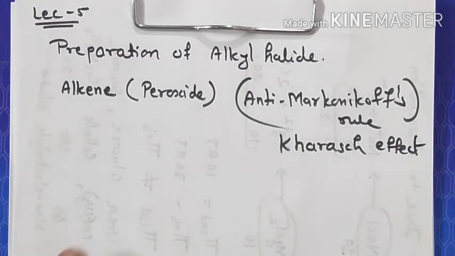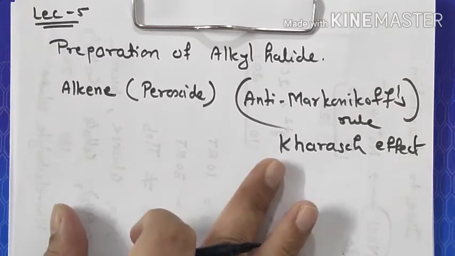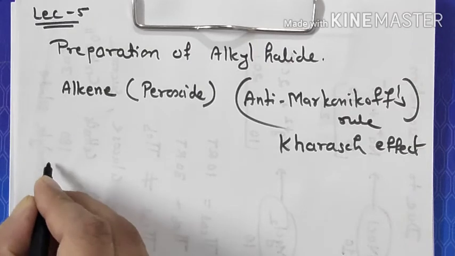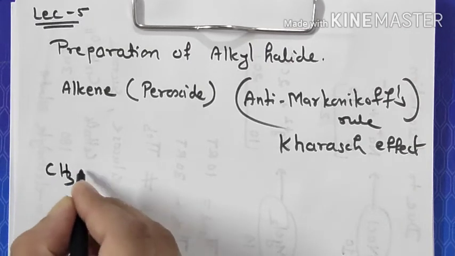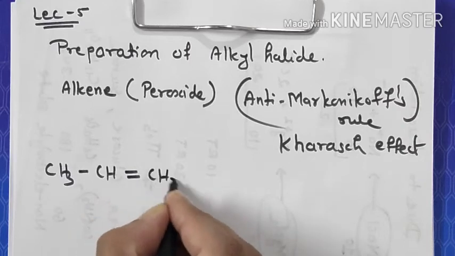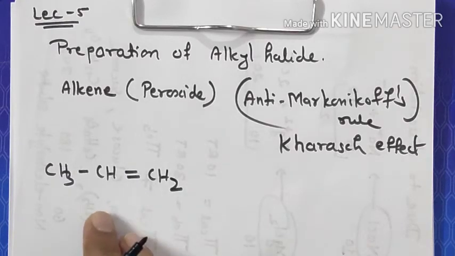Okay, let's understand what the reaction is. Suppose I have an unsymmetrical alkene like this, CH3-CH=CH2. This is an unsymmetrical alkene.